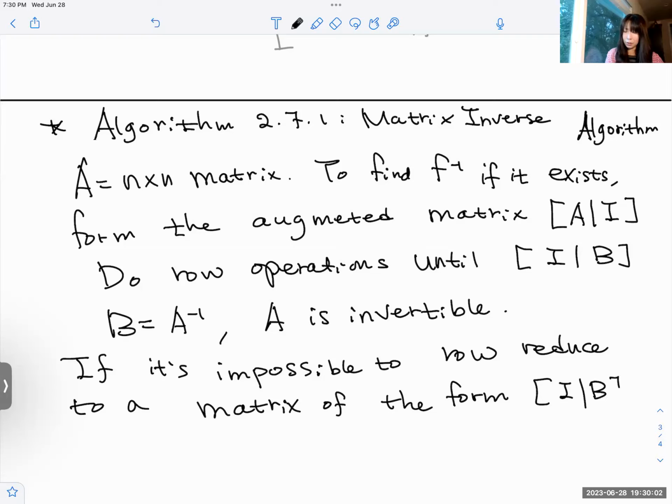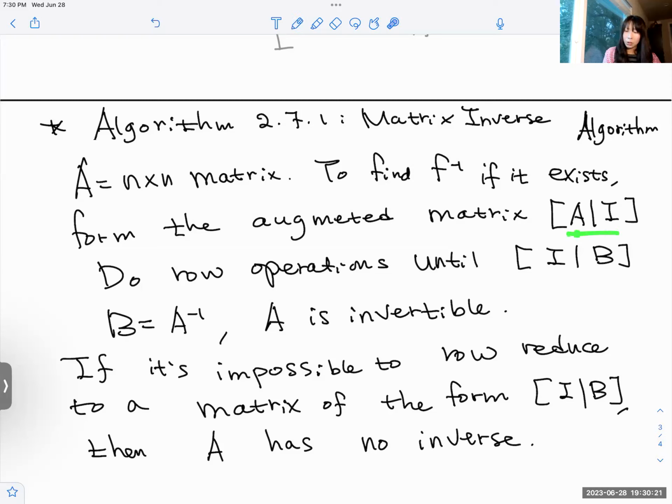This is B, the inverse of A, right? Then we can say that A has no inverse. All right.